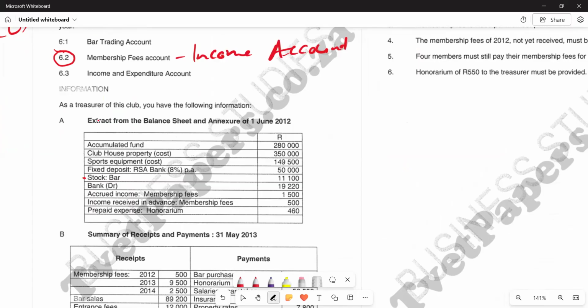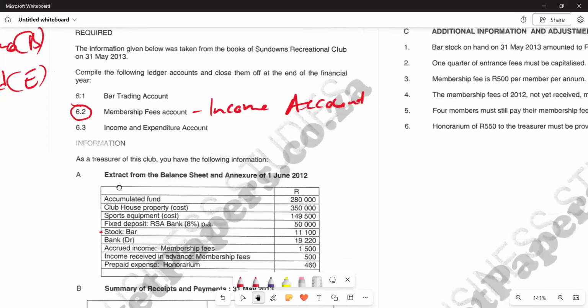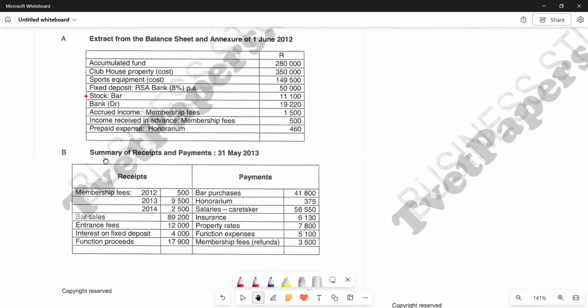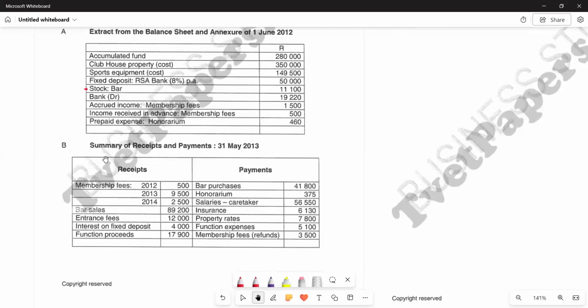Then you are given the balances at the beginning, and beneath that, a summary of the receipts and payments account. Remember, the receipts and payments account is the same as the bank account. So the information in the receipts and payments account is also found in the bank account. This is at 31 May 2013, very important to take note.